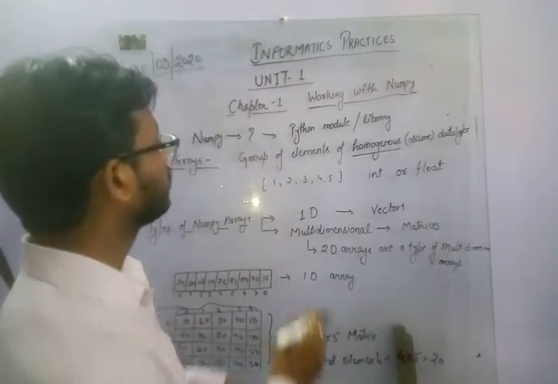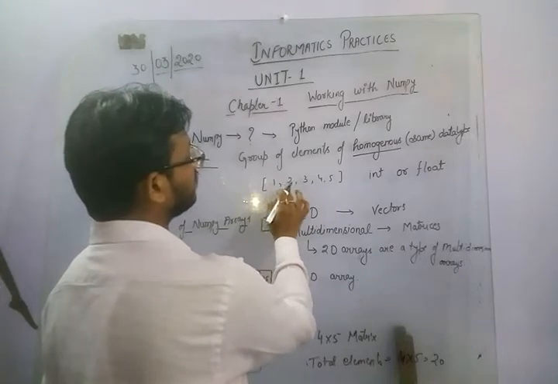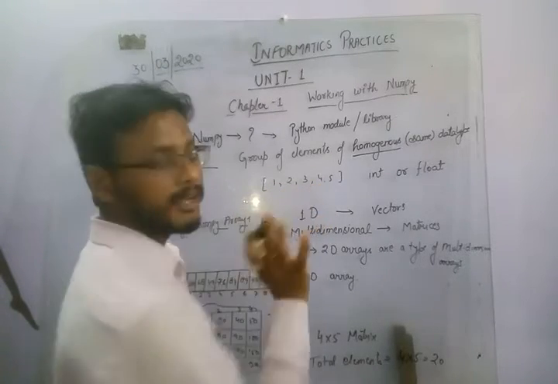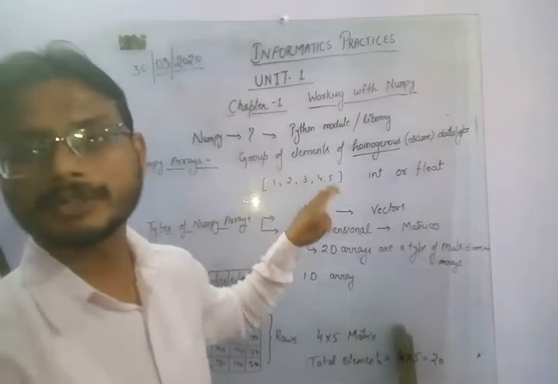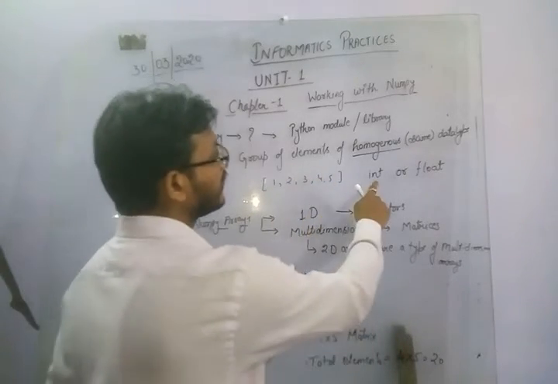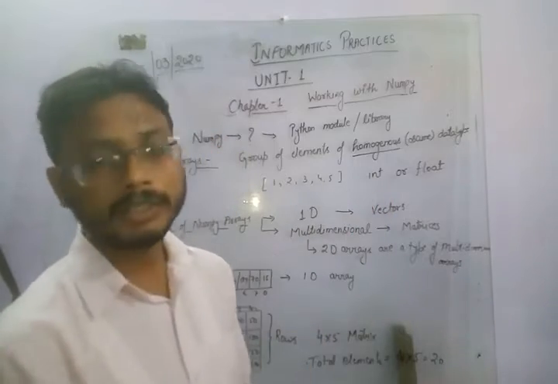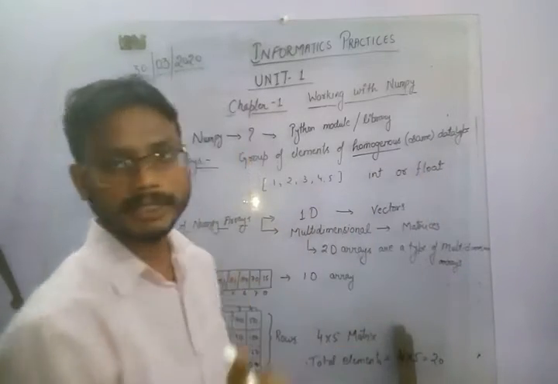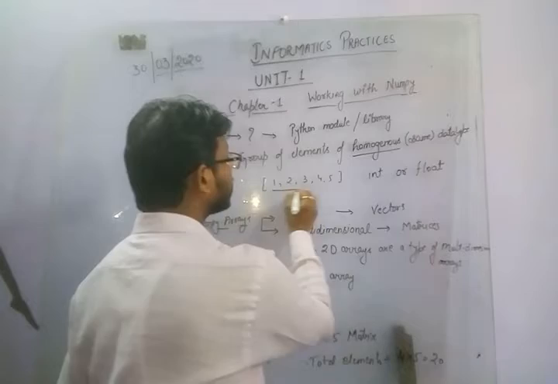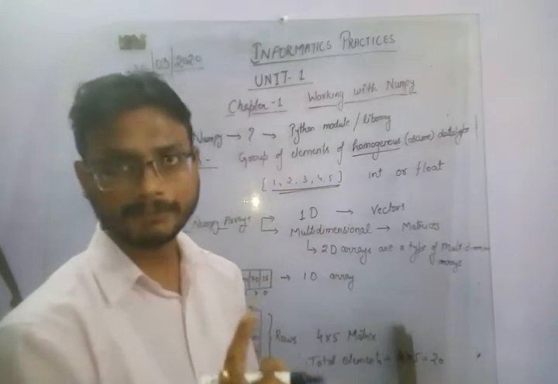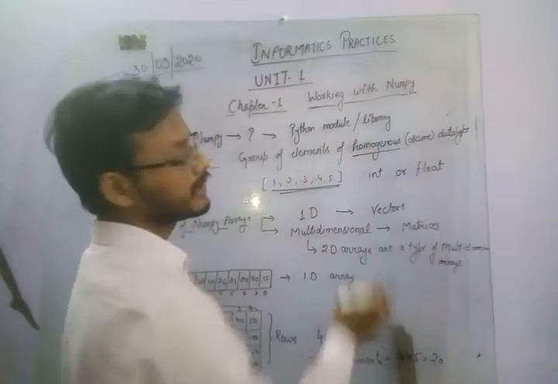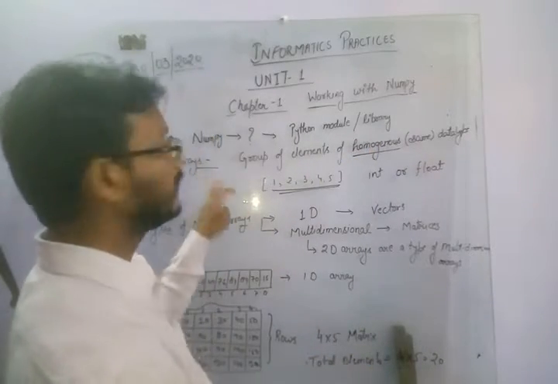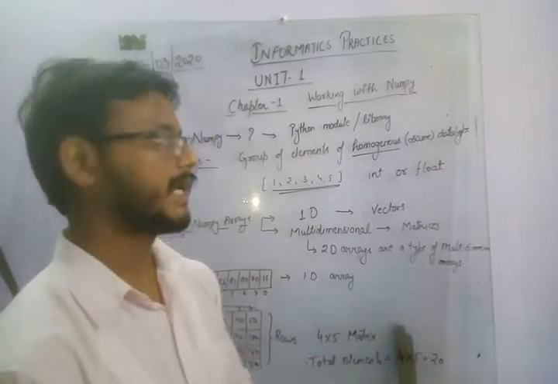For example, if this group contains 5 elements, that is 1, 2, 3, 4, 5, then all the elements of this group must be of integer data type or they must be of float data type, but all the data types must be the same. So the group of homogeneous elements is known as an array, or you can say a NumPy array.